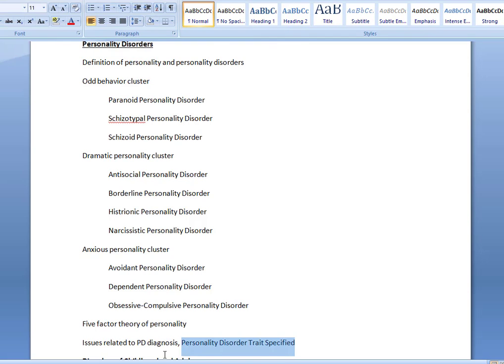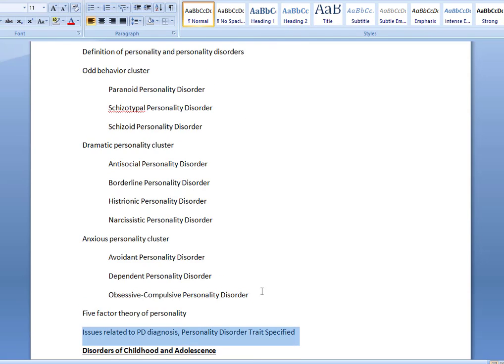However, DSM-5 also suggested that it is possible that the best way to diagnose, and how we may do this in the future, is to have a personality disorder trait specified, where you give someone the diagnosis of personality disorder and then you list the traits that seem to be causing dysfunction.